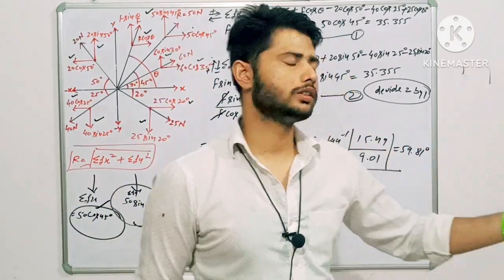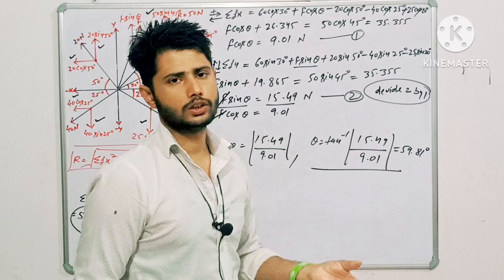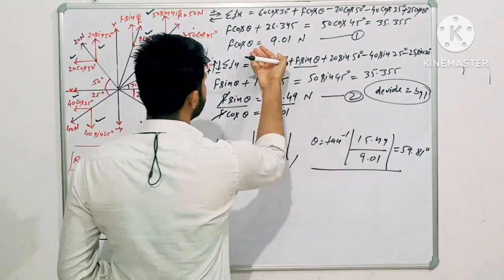Now this value of theta, we can put in equation number 1, or we can also put it in equation number 2. This choice is yours. So I'm putting it in equation number 1.